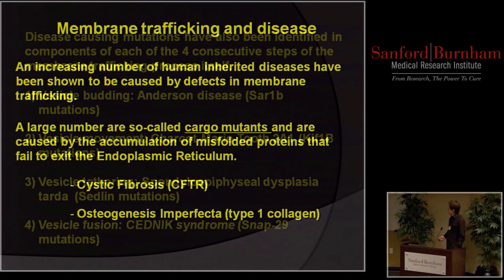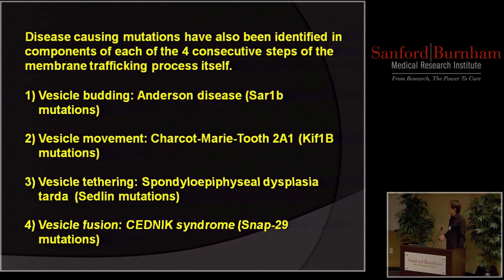However, disease-causing mutations have also been identified in components that control each of the 4 steps of the membrane trafficking process itself. An example of a disease that affects vesicle budding is Anderson disease, which is caused by mutation in the coat protein SAR1B. And one of the phenotypes in these patients is a defective generation of lipid transport vesicles.